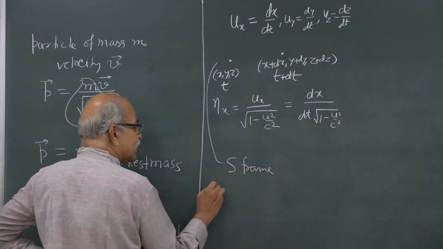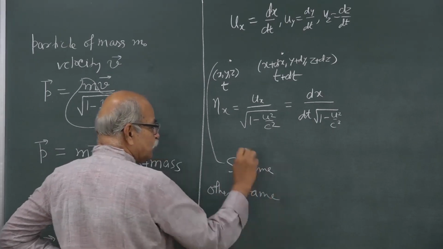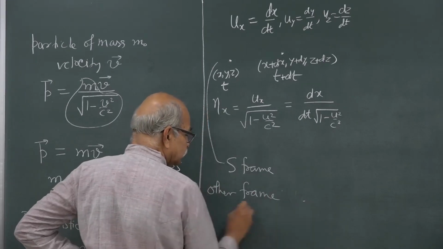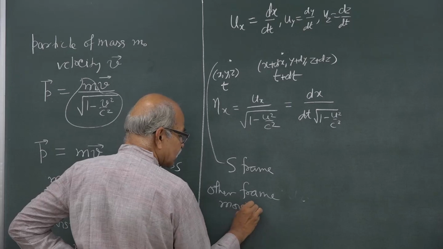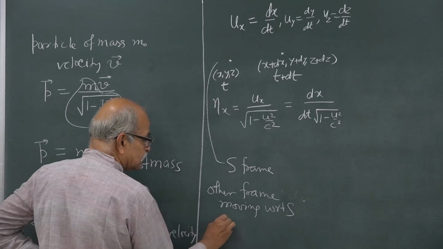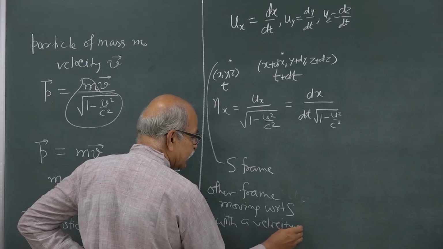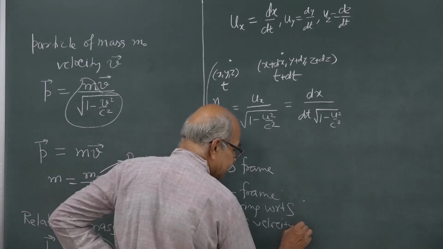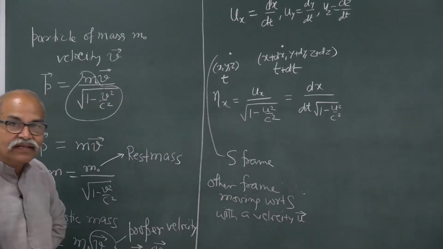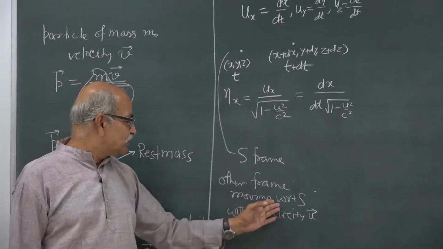So, if I say that this whole picture is from the S frame, and we go to some other frame which is moving in the x direction with respect to S with a velocity u, the particle is moving with velocity u and my frame is also moving with velocity u.